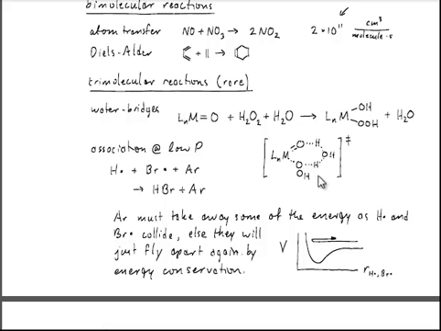There are also examples where you have association reactions at low pressure that involve a third, seemingly innocent bystander that is actually doing something important in the mechanism. An example here is the hydrogen radical plus a bromine radical, which would like to combine to make hydrogen bromide, but they can't do so if there's not another collision partner around.